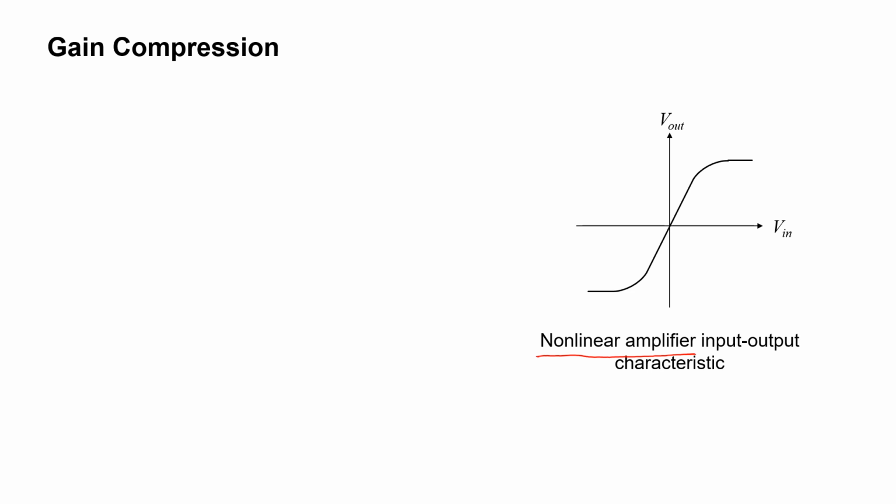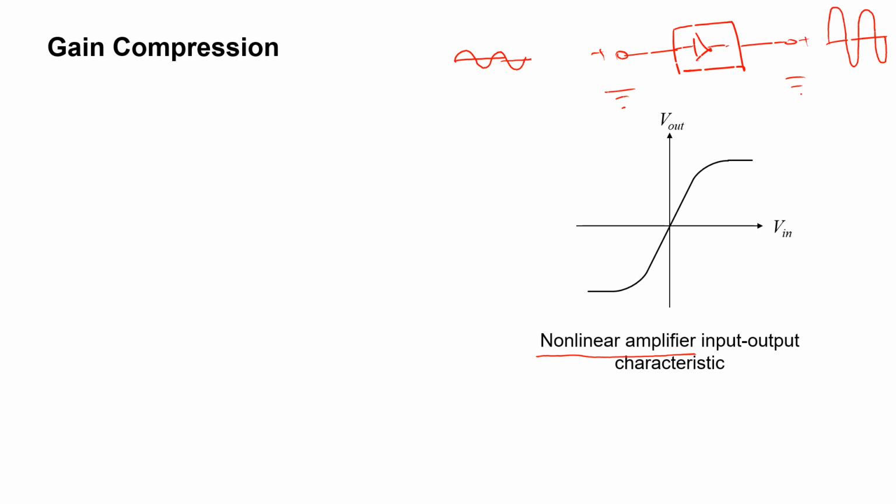So imagine we have an amplifier as a black box, with an input voltage and an output voltage. What an amplifier normally does is take in a weak signal and convert it into a strong signal. That's the general behavior of an amplifier.